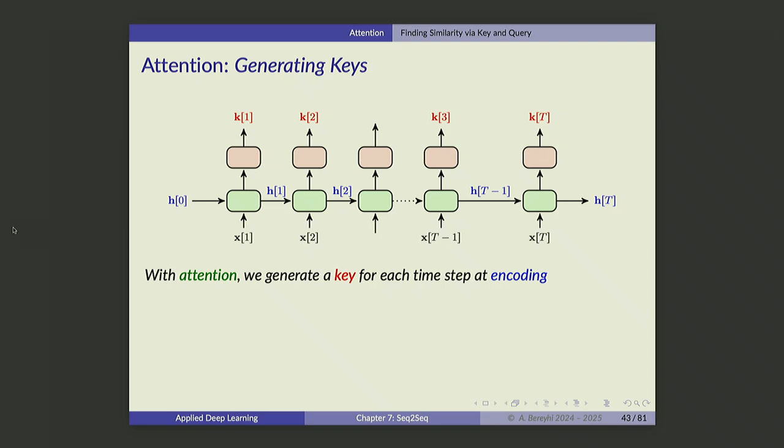I look at my hidden state, do some computation, and get one key. Now, every time I go on my sequence, I'm going to get new and new keys: key 1, key 2, till key T, the last key. So I have all of these keys. Everybody's clear?